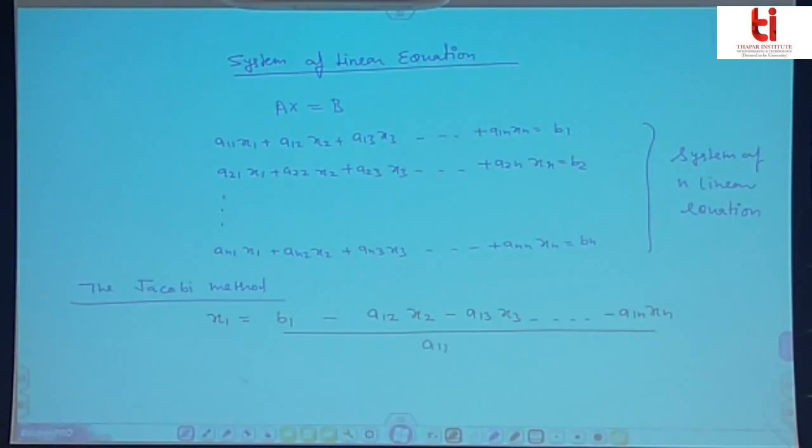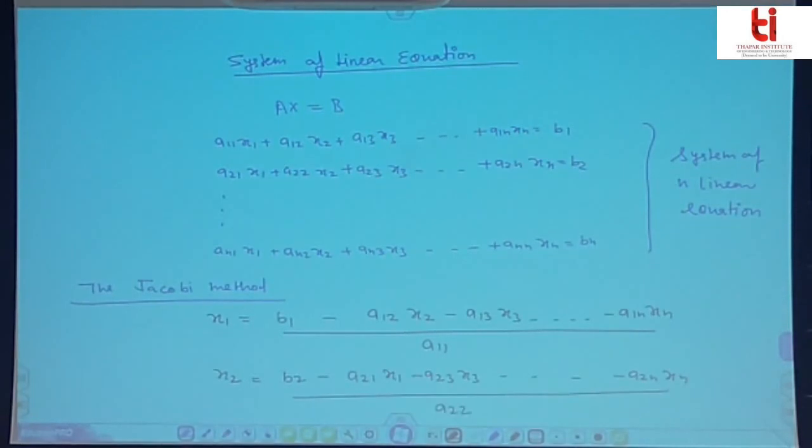Similarly, we can write the second equation as x2 equal to b2 minus a21 x1 minus a23 x3 and so on, minus a2n xn, upon a22.